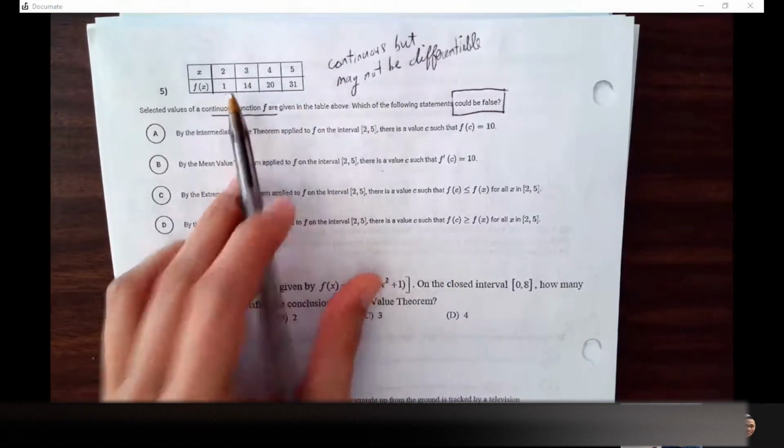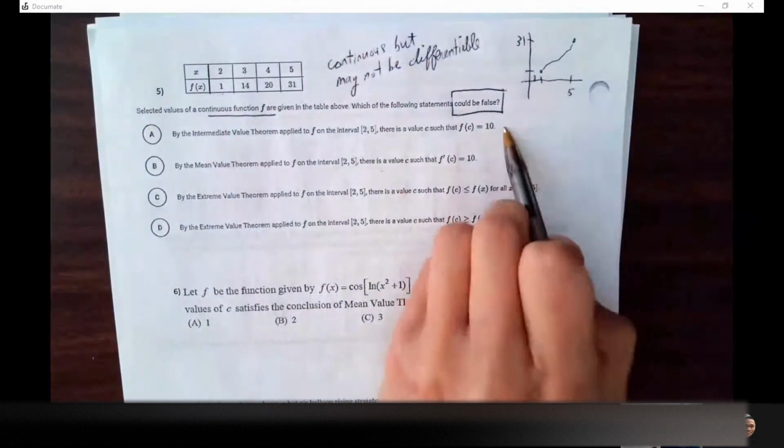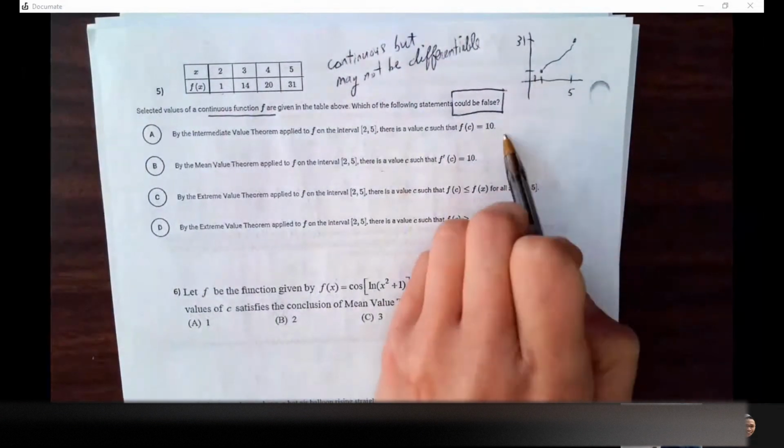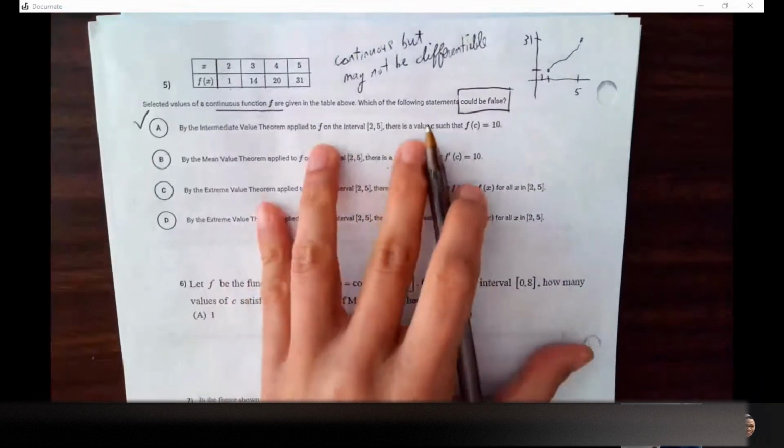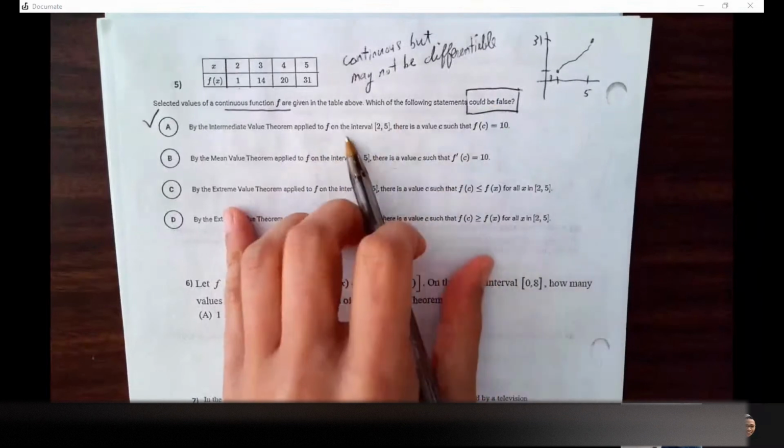So if it's going to go from 1 all the way to 31, that graph has to cross through a y value of 10 somewhere between, right? So this is definitely a true statement, and it's continuous, so we know that we can guarantee intermediate value theorem. Okay? So we're asking for a statement that could be false. This is a true statement, so we move on.